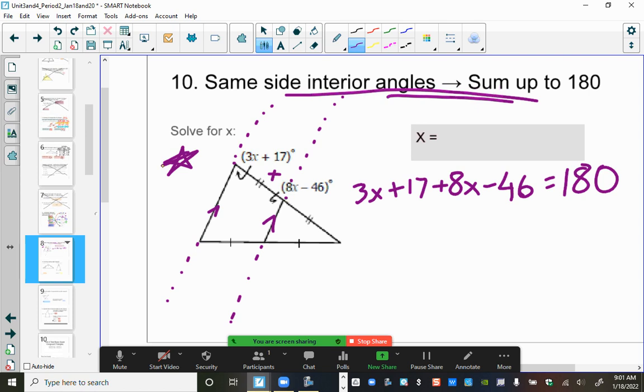Now, here's what I want you to do. What I want you to do is the following. Always box your X terms, because that's going to help you determine whether or not you're moving terms or you're grouping them.